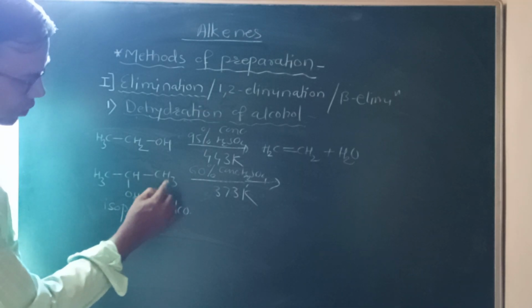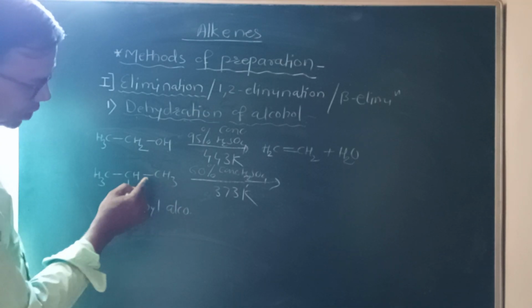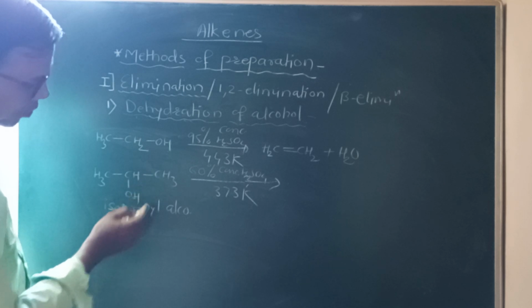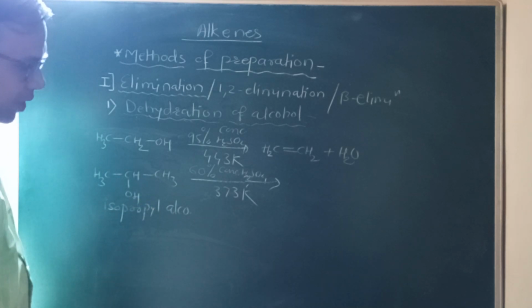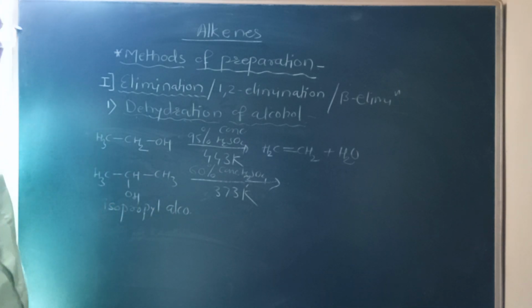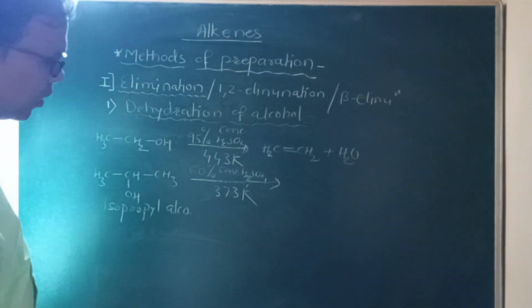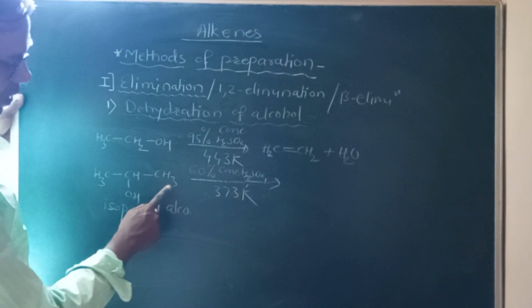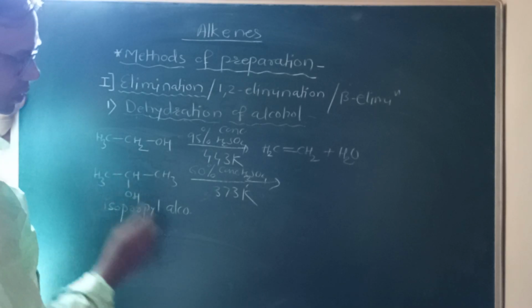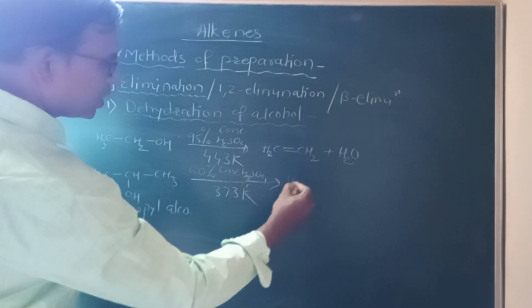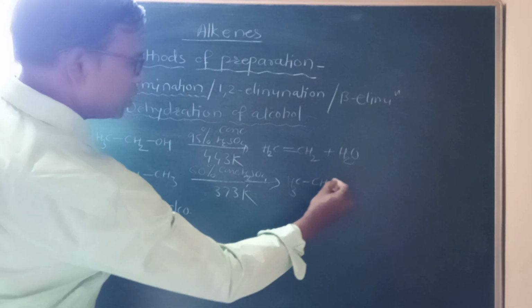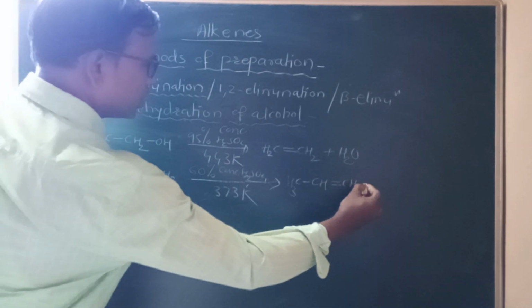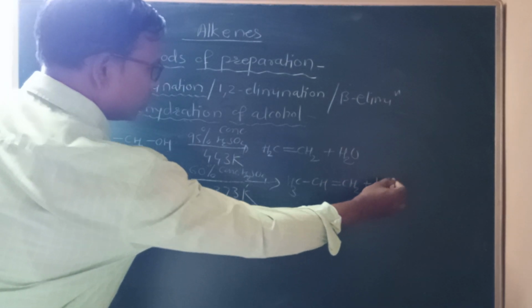If I remove H from this carbon, a double bond gets formed between these two carbons, because OH and H get lost from adjacent carbons, creating unsaturation between the two neighboring carbon atoms. So H departs from this carbon and OH departs from this carbon, giving this alkene, CH3, CH double bond CH2, with elimination of a water molecule, H2O.